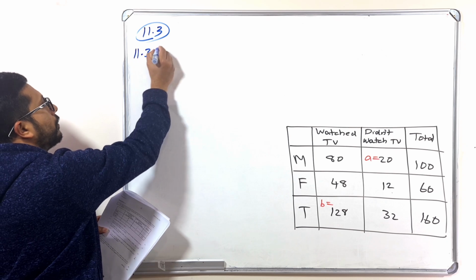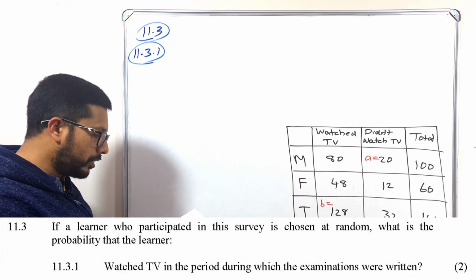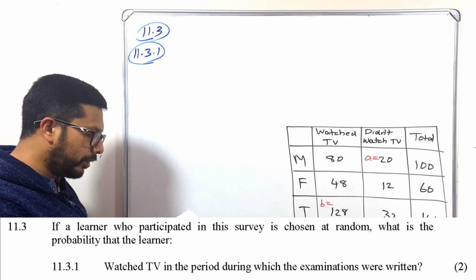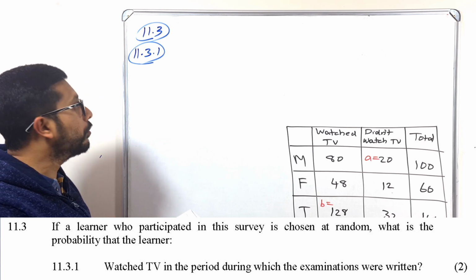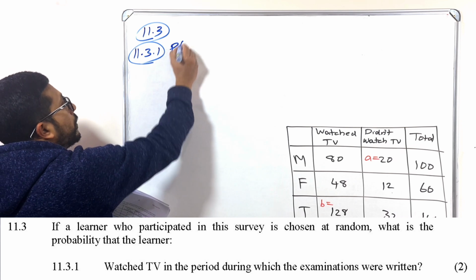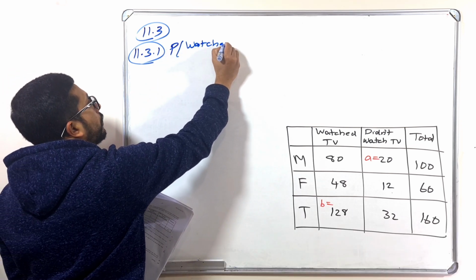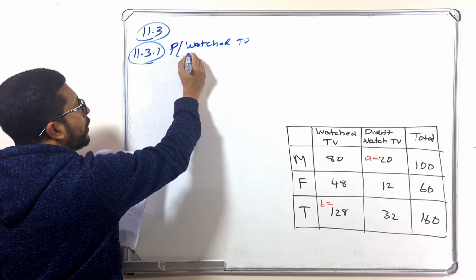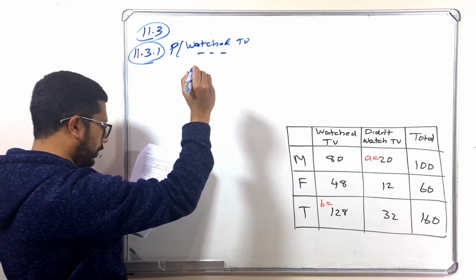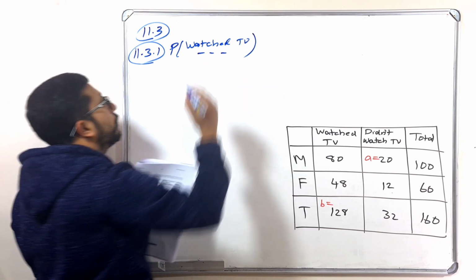First, question 11.3.1. Probability of watched TV in the period during which the examination was written.